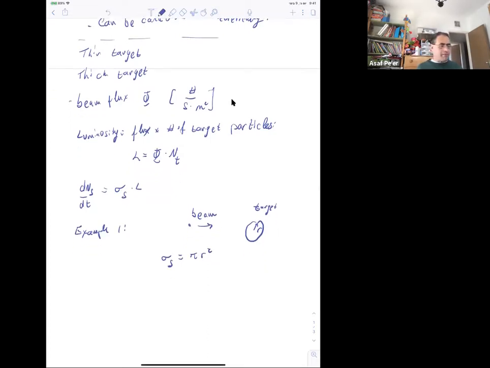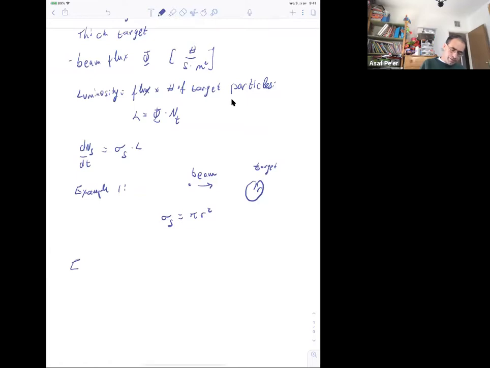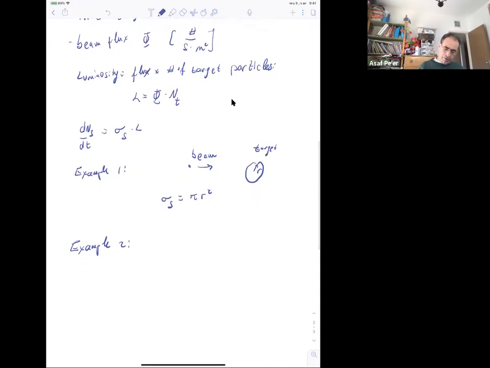Another classical example is the measurement of scattering into a solid angle. So example two, I just give it to complete the recap. So I have two particles. One is moving right in the beam and it's being scattered into some solid angle. So you set the solid angle here.